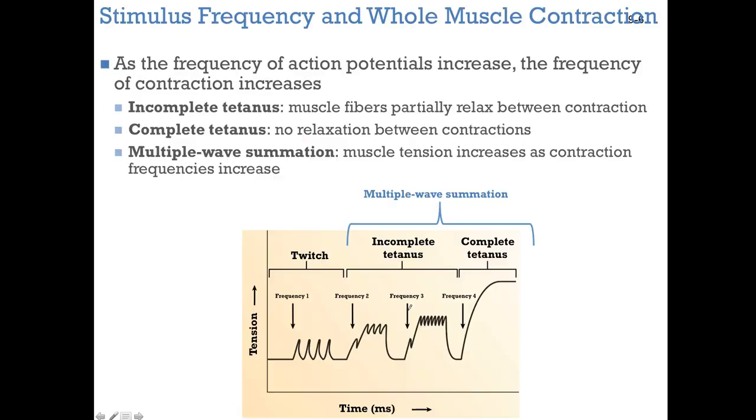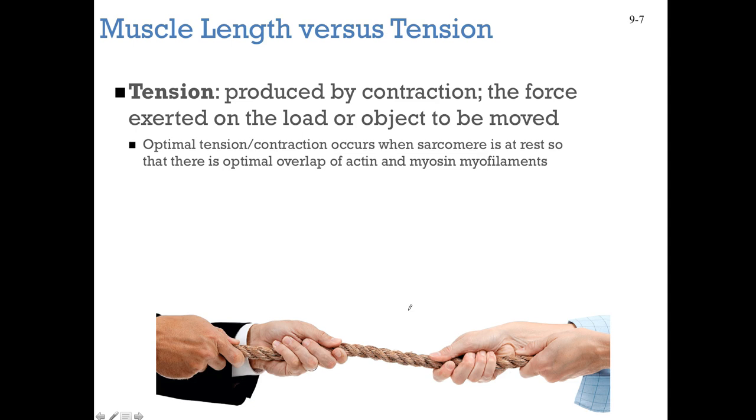So that brings us to tension. So tension is produced by our contraction, the force exerted on the load or the object to be moved. If we want optimal tension or contraction, it'll occur when the sarcomere is at rest so that there's optimal overlap within the actin and myosin filament. So what this means is you want kind of a happy medium.